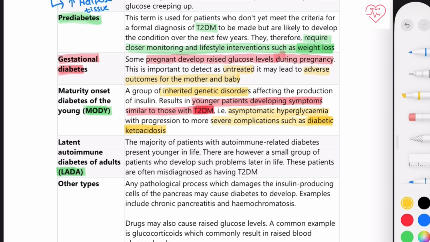And here, the majority of patients have an autoimmune related disease that is present early in life, and however a small group of patients develop such problems later in life. These patients are often misdiagnosed as type 2 diabetes mellitus.